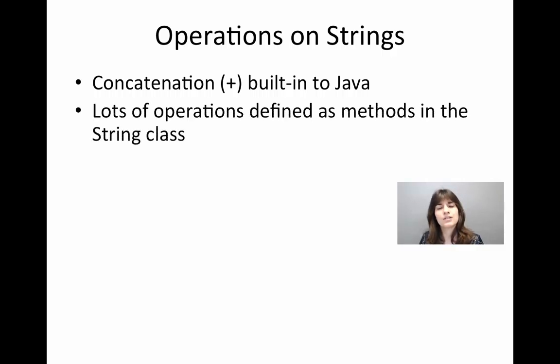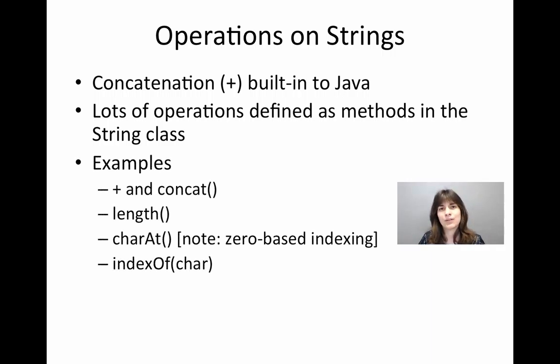Many of the operations that we can perform on strings are actually defined in the String class, and it is highly recommended that you take a look at the String API. We will take a quick walk through the API together. There we will see examples of very useful methods like the concat method, which is also represented by just the plus operator.